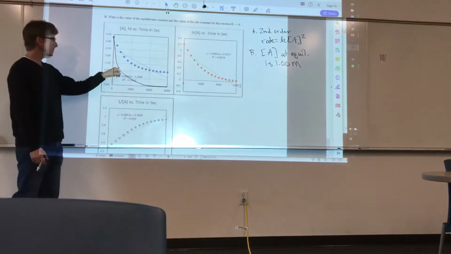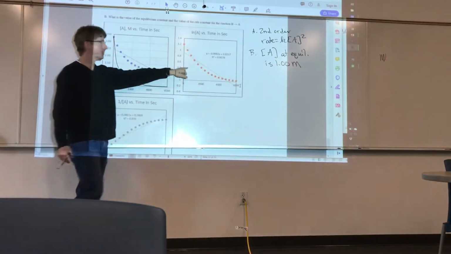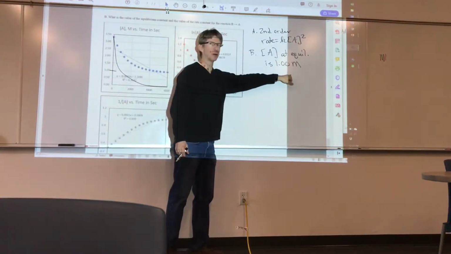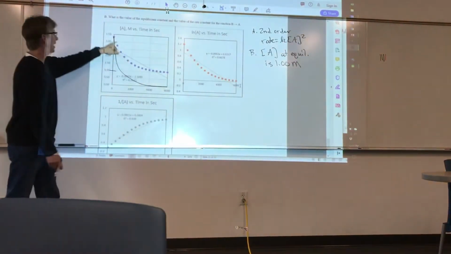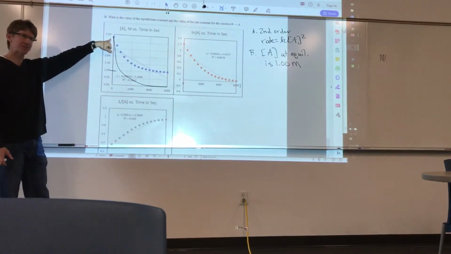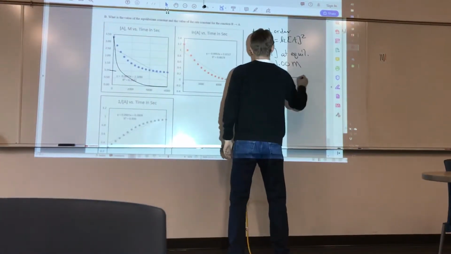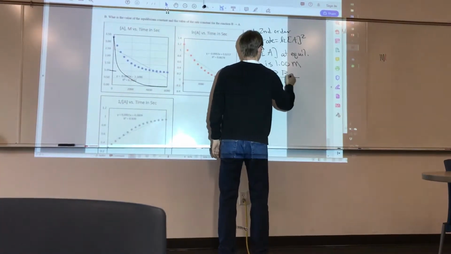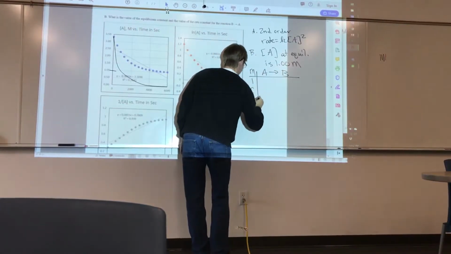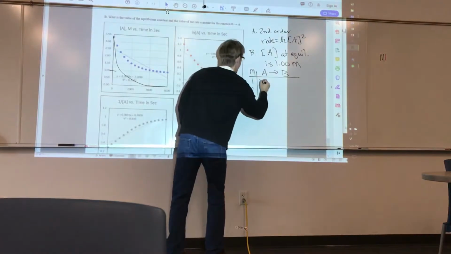Now, if the concentration of A at equilibrium is 1 molar, and if the concentration of A was 3.32 molar, we can tell how much the concentration of A changed. And it goes like this. Here's our molarity ice table. You start with 3.32.